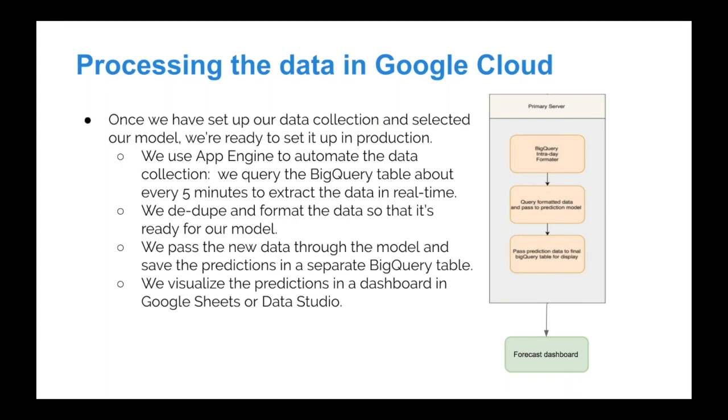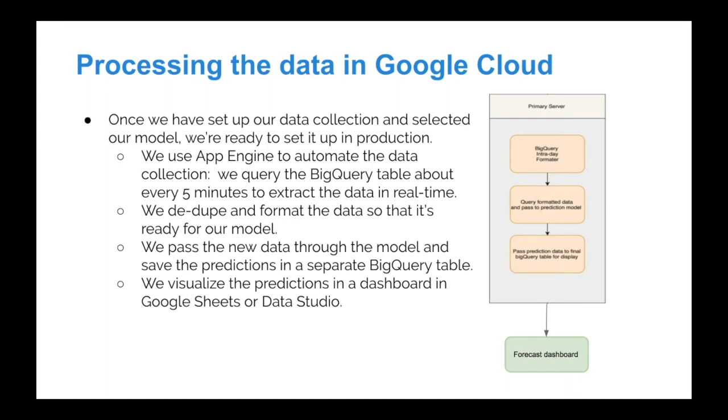In the case of using the integration with BigQuery, we're pulling data from the BigQuery table that's becoming available every 15 minutes. Pulling that down, we're then doing some processing to ensure that we don't have any duplicates, and then also to format it into the form that we need to pass into our model. So we have a step to get the data and get it ready for the model.